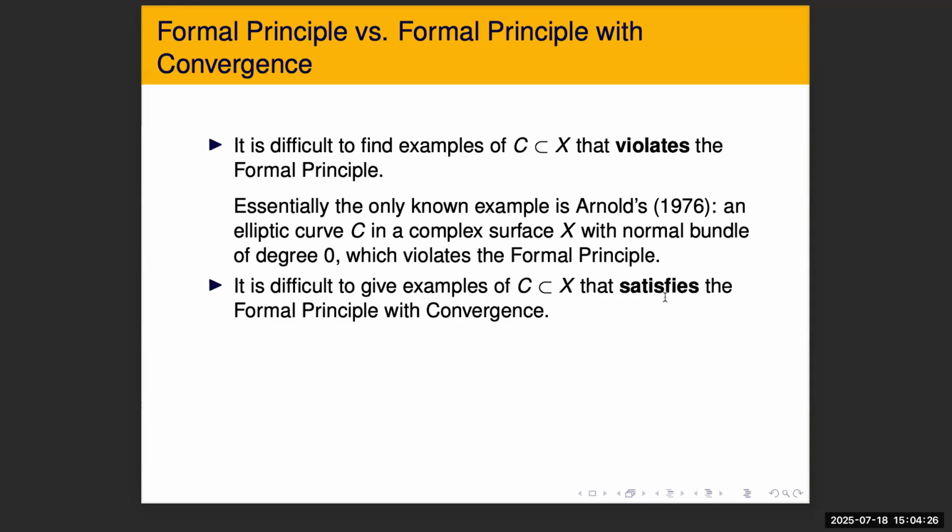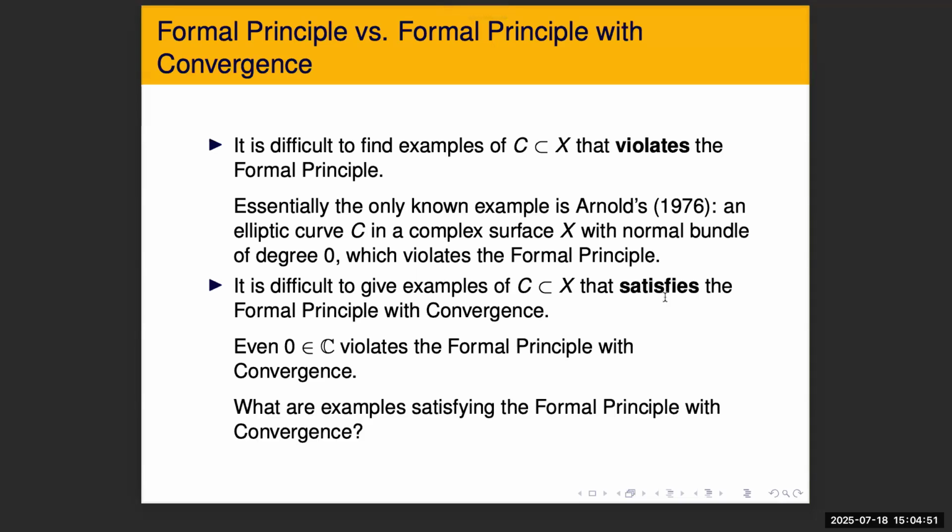On the other hand, it is also difficult to give examples of submanifolds that satisfy the formal principle with convergence, because a point in a manifold violates the formal principle with convergence. So what kind of example satisfies this? Is there such an example really?